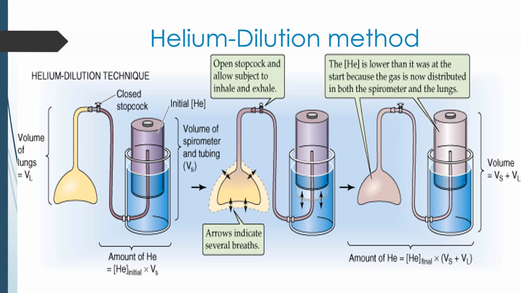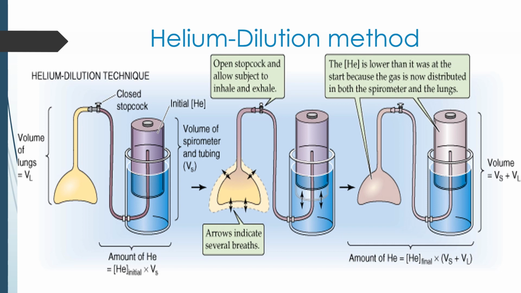The amount of helium added in the mixture is such as to achieve a helium concentration of 10%. The subject is then made to breathe in the closed system till the concentration of helium in the lungs and the bag becomes equal. The helium concentration is measured at the end of normal expiration.